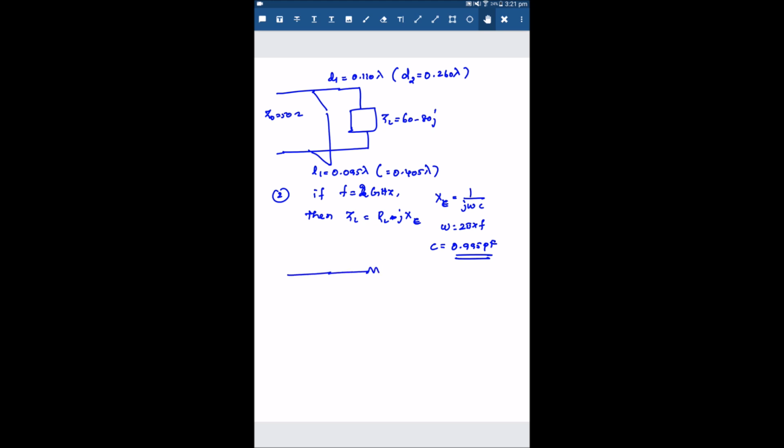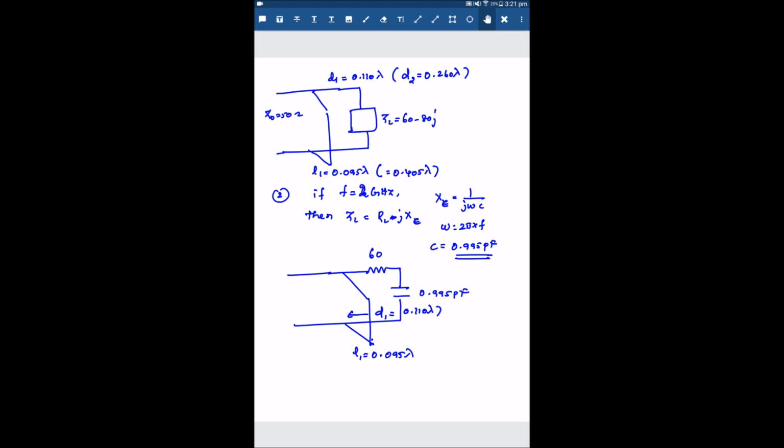So the complete design of the stub matching will be, I have a resistance of, for example, the given problem, 60, and the reactance of a capacitance 0.995 picofarad, and the length of the first stub 0.095 lambda, and distance of the first stub is 0.110 lambda.